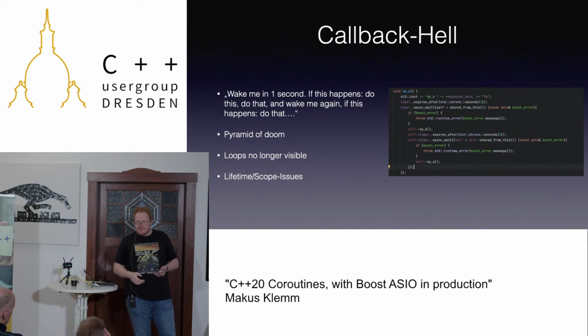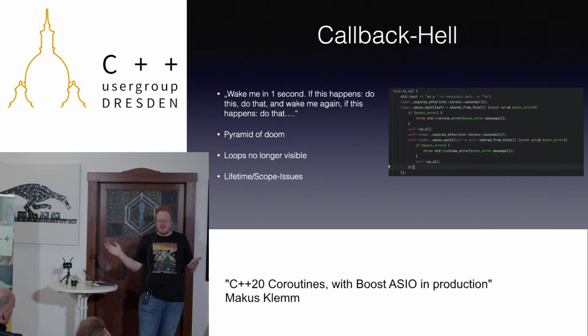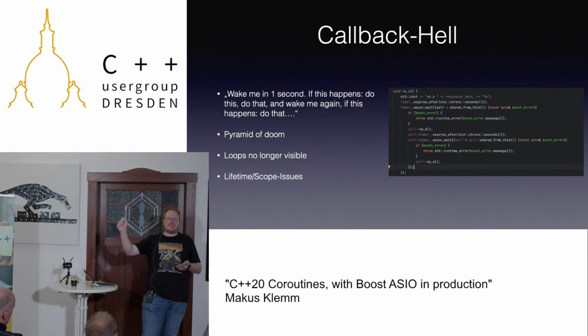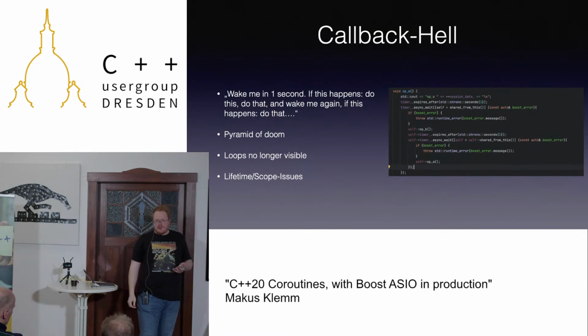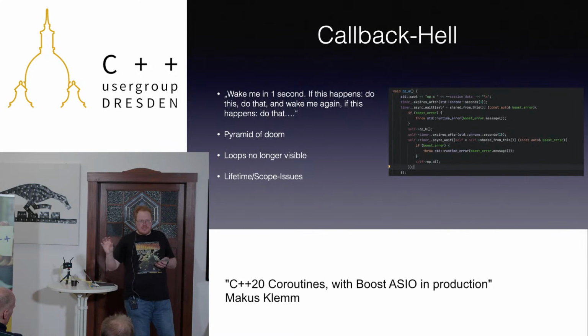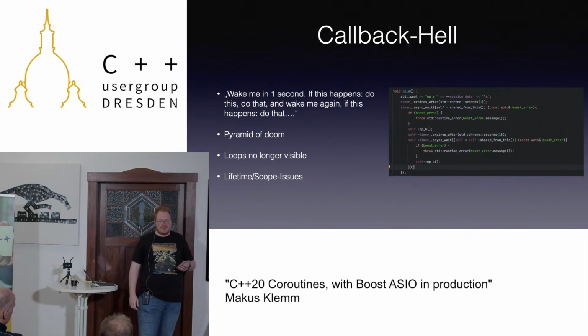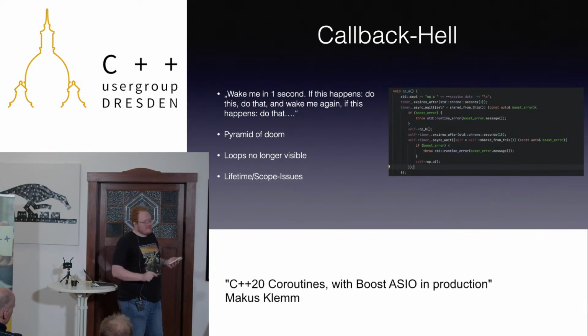So how do we do this? Of course, we're putting everything in a shared pointer, and we are throwing the shared pointer into the lambda, into the callback, so that this is stored in the callback, and then when the callback actually executes 5 seconds later, we still have our lifetime, we still have our scope, we still have our variables. And the problem is you have to do this every time.